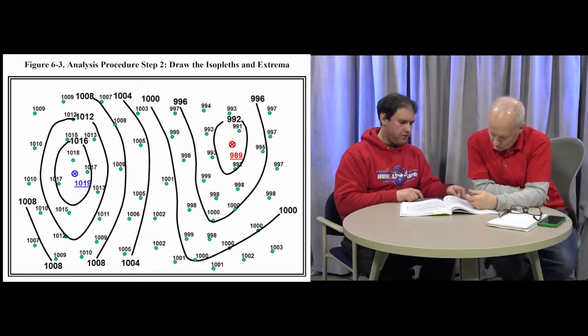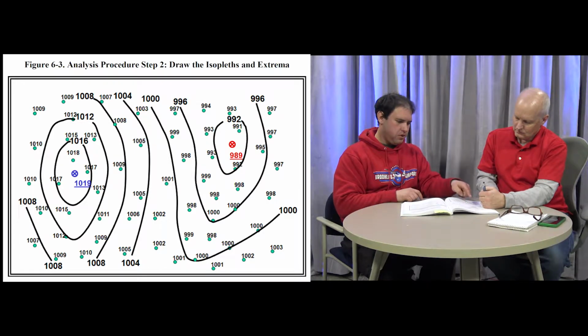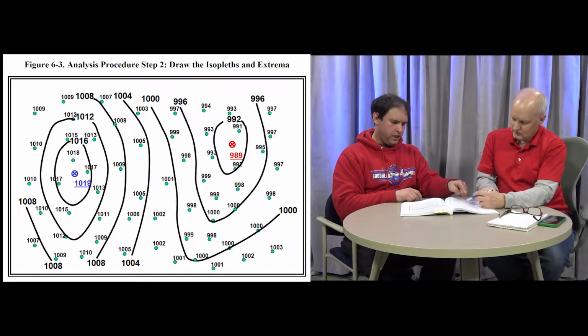So the wind will sort of spiral outward from a high, following those lines, and then eventually it'll pick up on one of the lines that's halfway in between. It'll start spiraling in towards the low pressure system. So in figure 6-3 here, if the air travels north, it'll get bent around to the east, and eventually it'll get to the halfway point, and then it'll want to travel towards the low, but it'll get bent around to the west as it travels south.